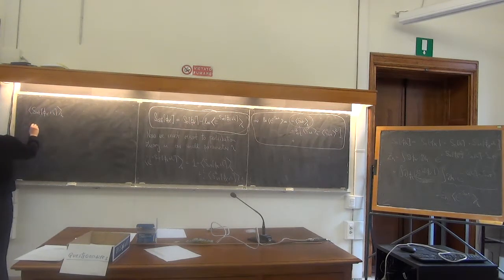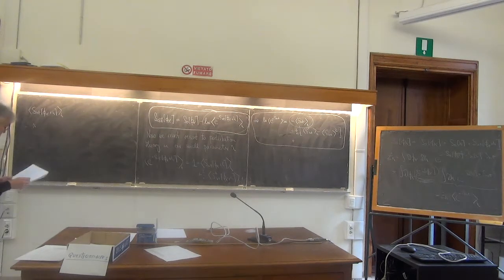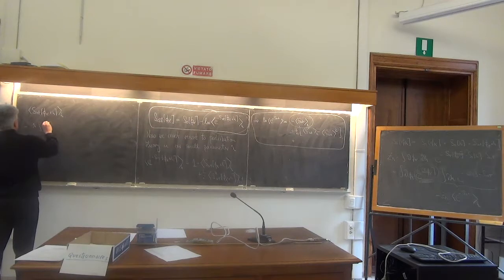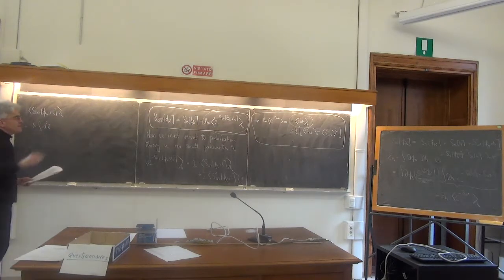So what is it? So it's lambda, let me just write what I have here, d squared x. So I think I changed notations to what I wrote for you last lecture.